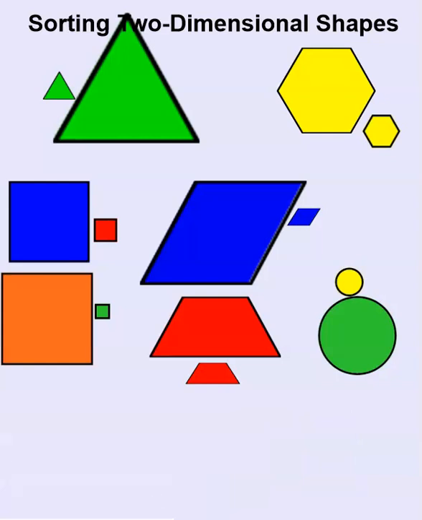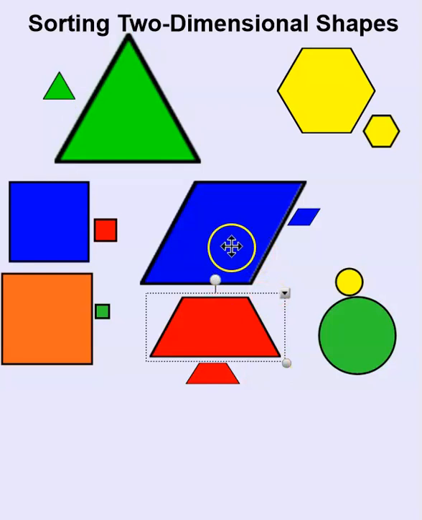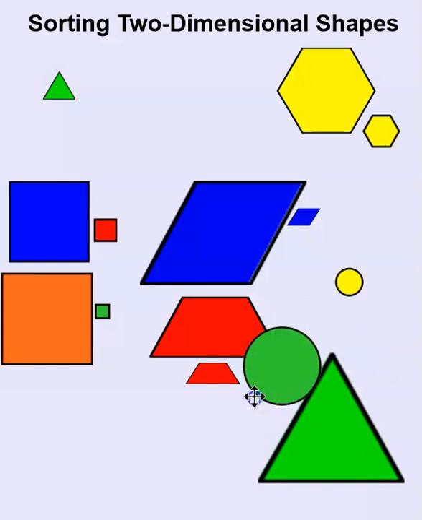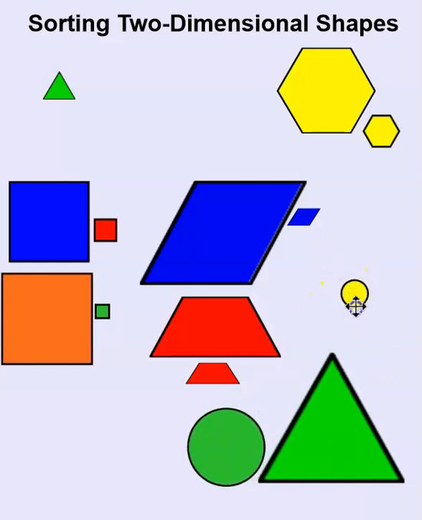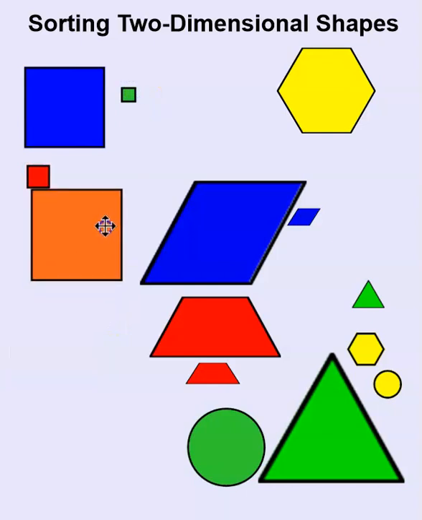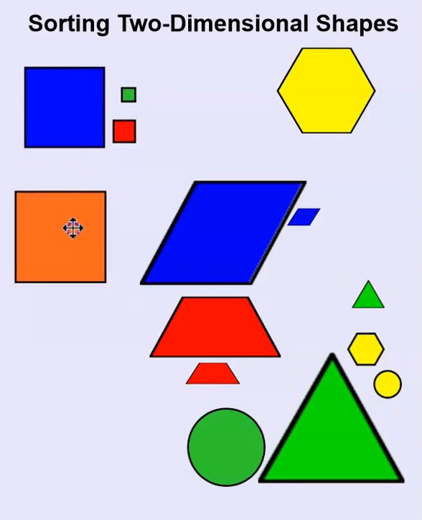So let's think about these 2D shape attributes and other ways that we might sort them. I'm going to sort these 2D shapes, and I want you to be thinking about the attributes and why I sorted them this way. Think about what characteristics they have in common.